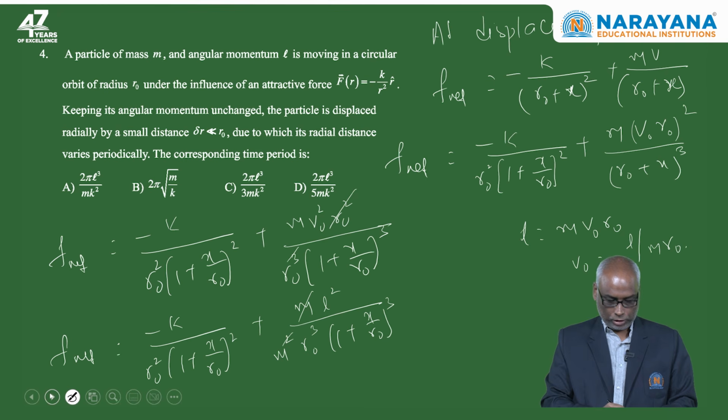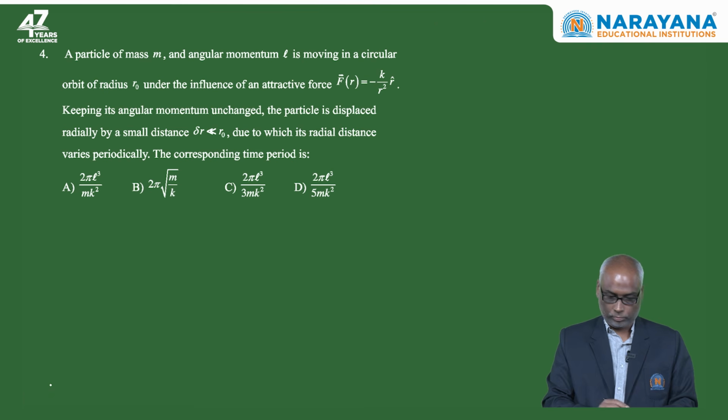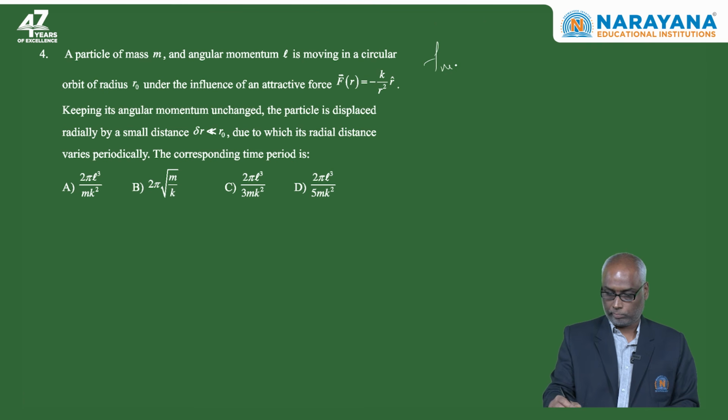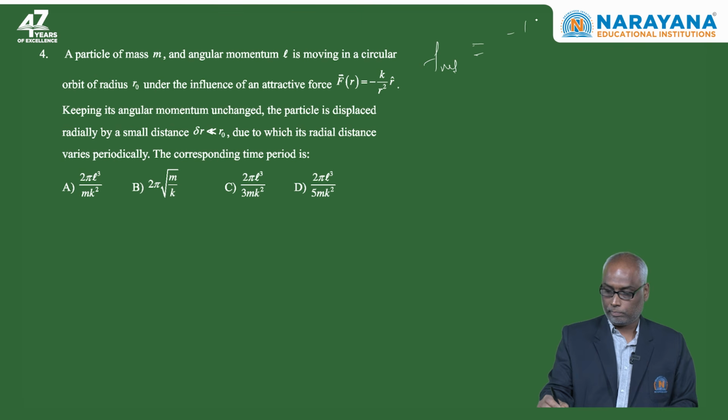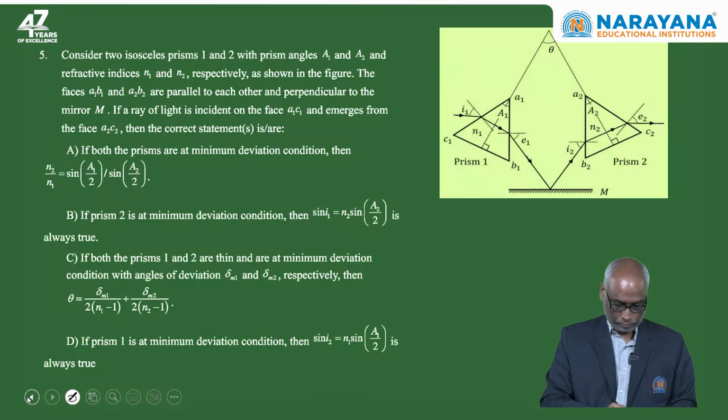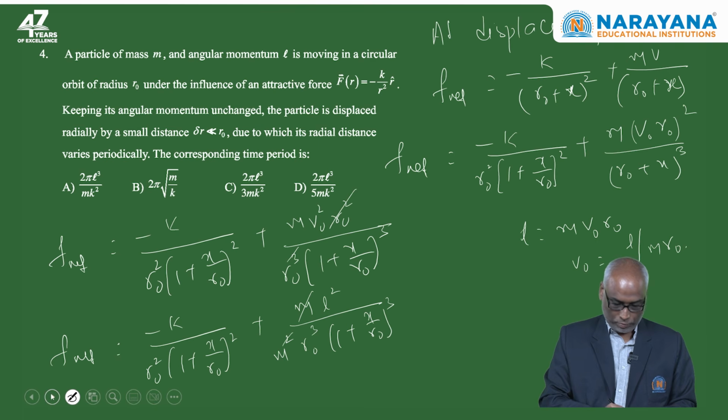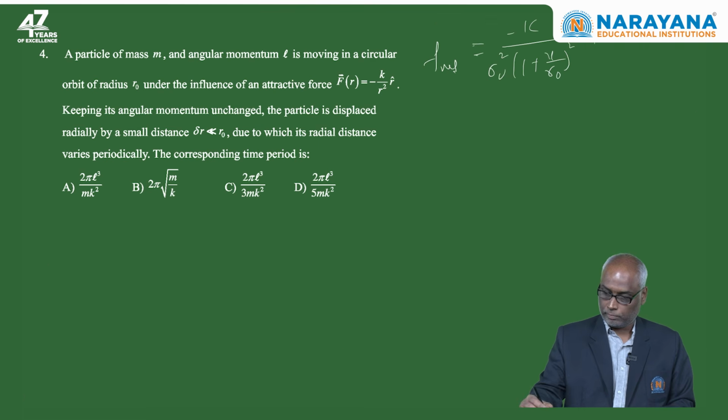So, net force will become equals to minus k by R naught square into 1 plus x by R naught whole square plus L square by m R naught cube into 1 plus x by R naught whole cube.